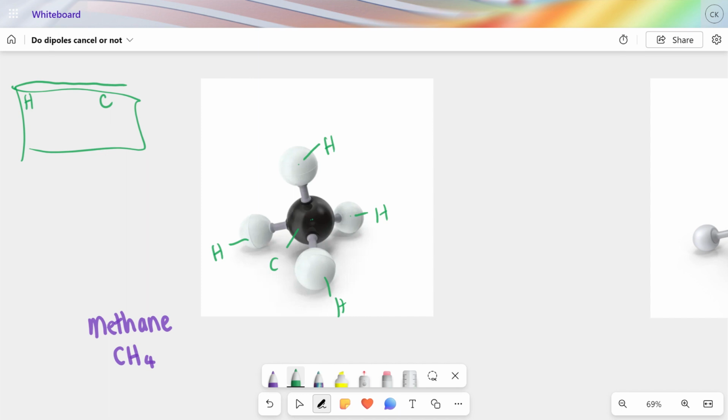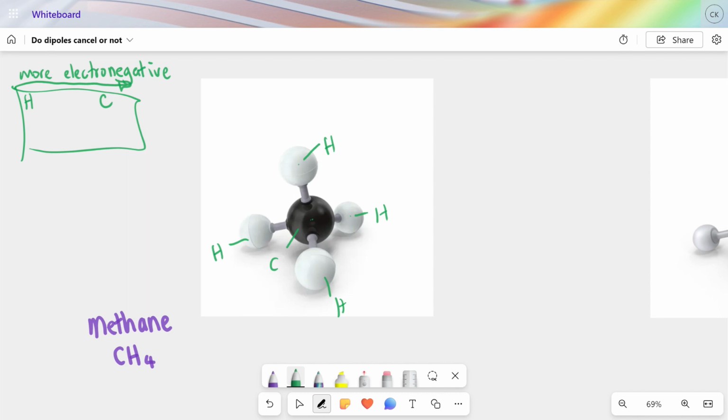And as we go in this direction, atoms become more electronegative. That means their ability to draw electrons to them increases.